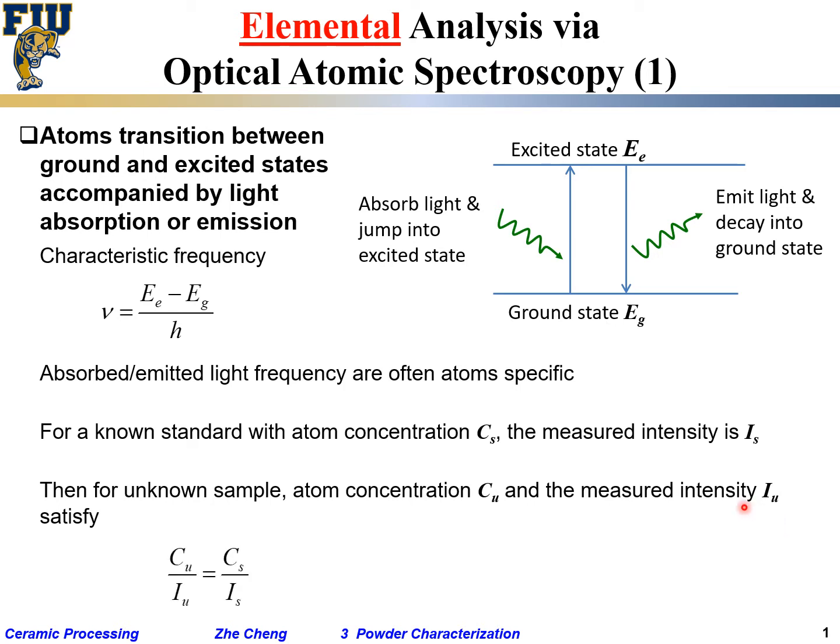Quite often we have this relationship: the ratio between concentrations and the ratio between light intensities are proportional to each other. If I have a standard and know its concentration, then I can infer the concentration of a specific atom in the material.